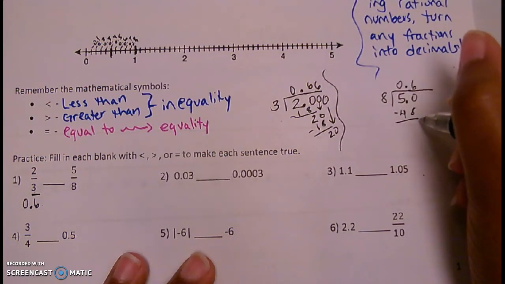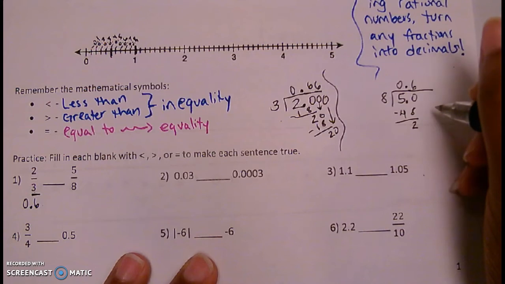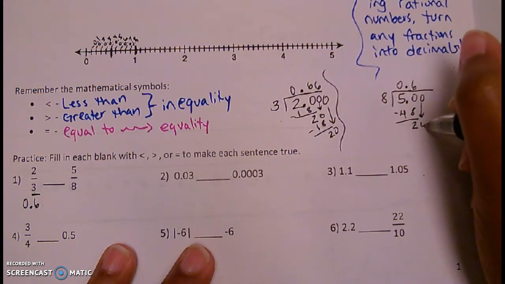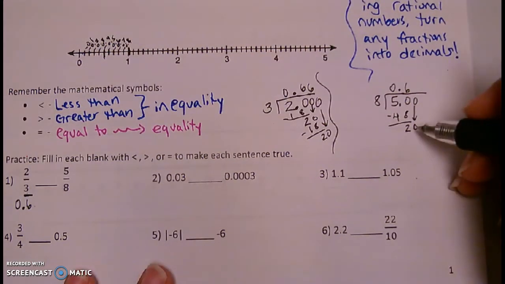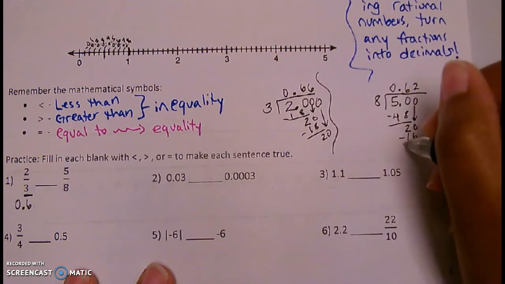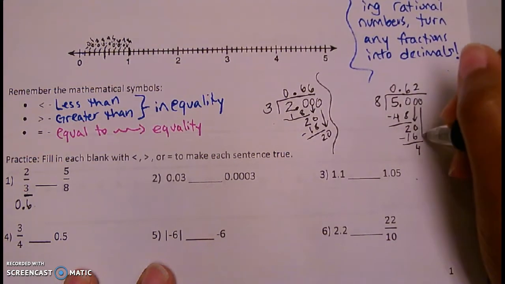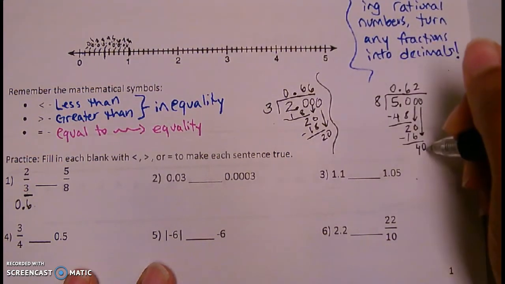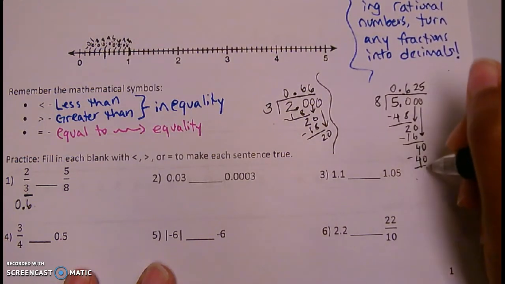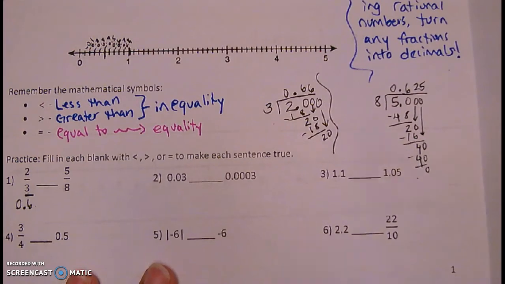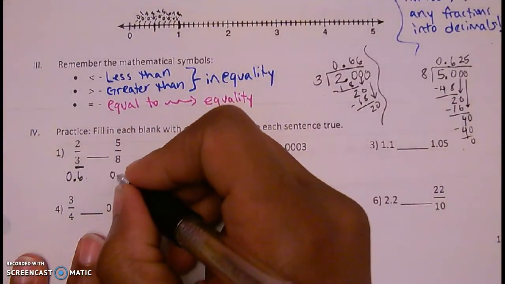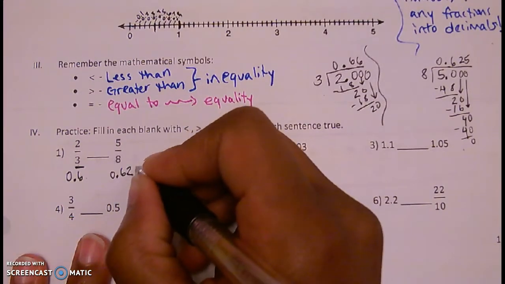And I subtract those two. I end up with 2. Bring down a 0. 8 can go into 20 2 times. That's going to give me 16 with a remainder of 4. And finally, 8 can go into 40 5 times, which leaves me with no remainder. So, 5 over 8 is the same thing as 0.625.